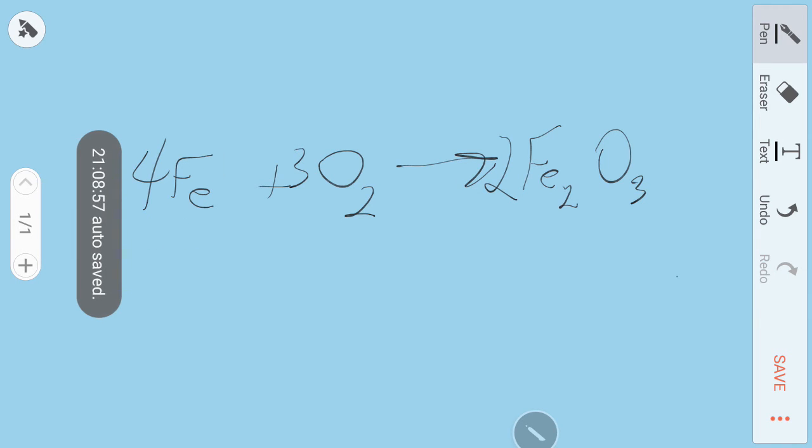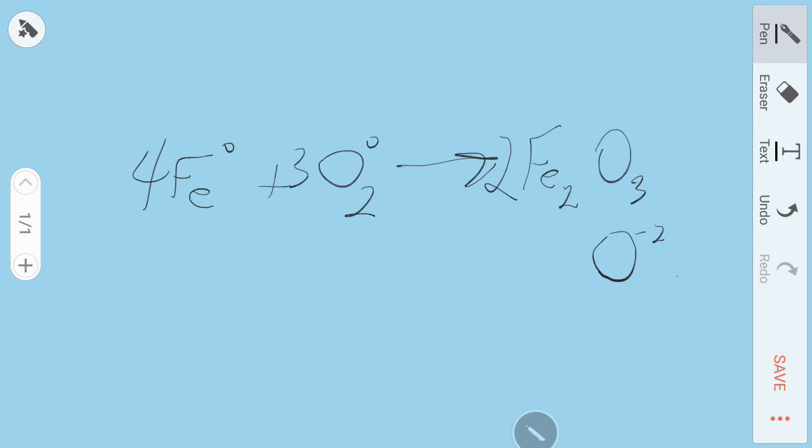Here iron is alone, so it has a charge of 0. This diatom oxygen is 0. When we look at these, oxygen is always -2. I have 3 oxygens, so that means the total charge for oxygen is -6.